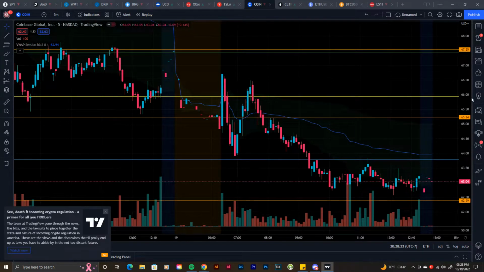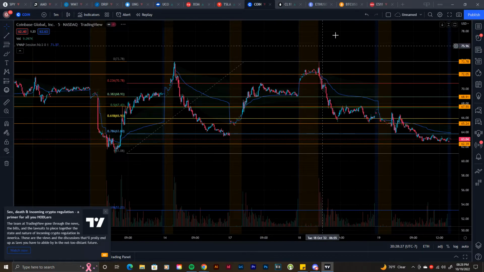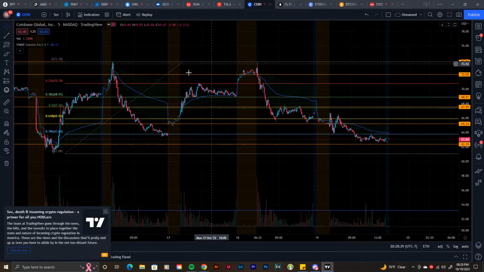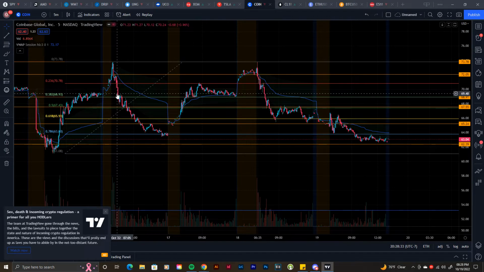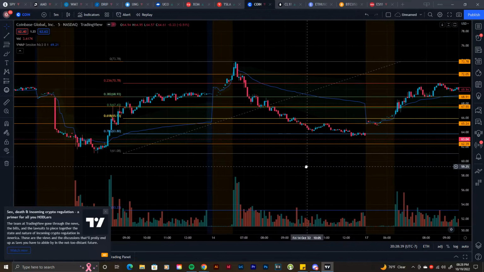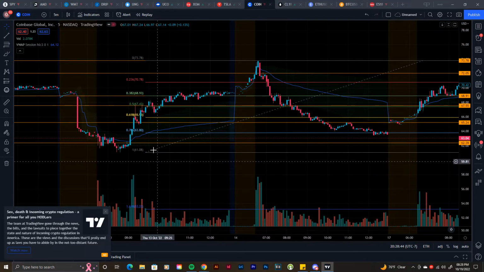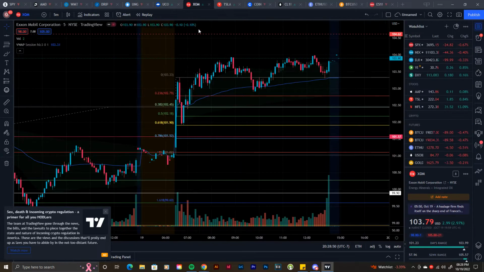Let's see, I haven't checked the coin chart in a day or so, but I think I did put the fibs. Here's kind of a thing where it failed, but not by too much. Actually, never mind. But mainly the thing I wanted to show you guys was on this Exxon play.